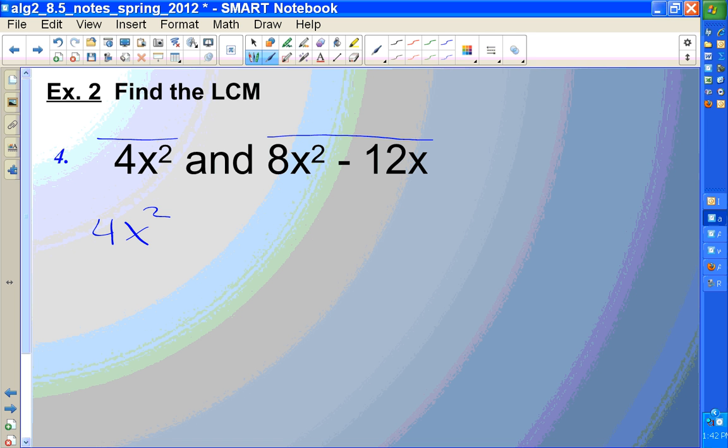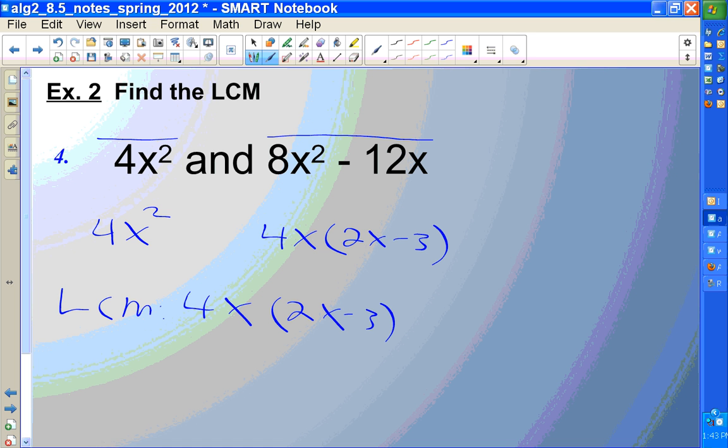How does the second one factor? 4x. So if you look at your LCM, what's it going to have? It's going to have 4x and 2x minus 3, right? That's each factor. Do any of them repeat?